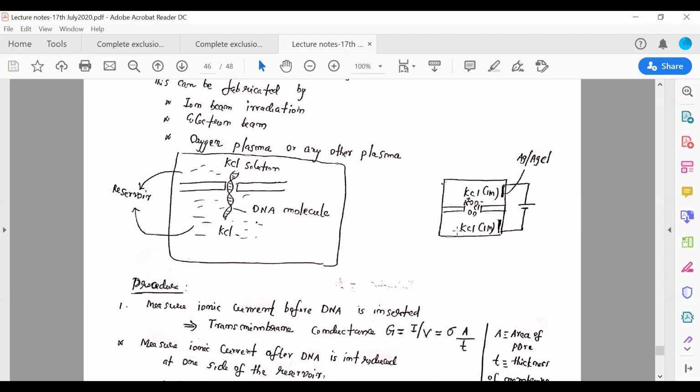In a typical ion transport measurement, you have 2 reservoirs separated by a membrane which has a hole, for example, a nanopore. If this pore size is very small, then this cannot be transported.